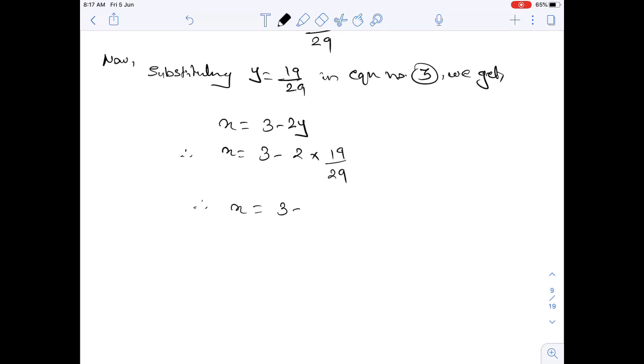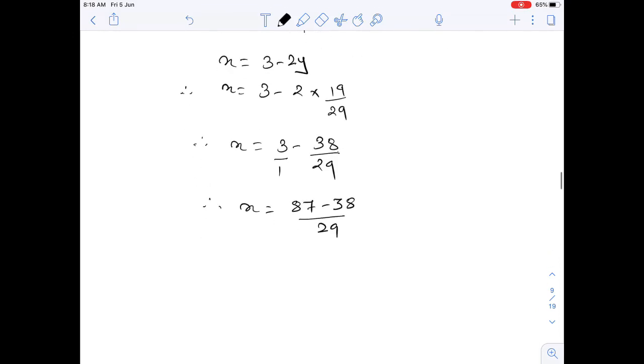So we have to write it as 38 upon 29, okay. Now we have to take its LCM, that is this one is having no denominator, so 1. Therefore you will get x equals, now 29 into 3, you have to do cross multiplication, so you will get 87 minus 38 upon 29.